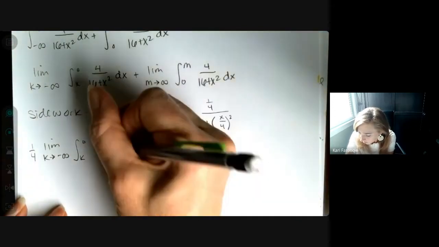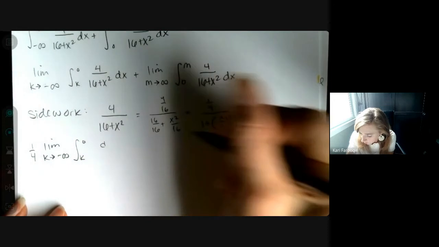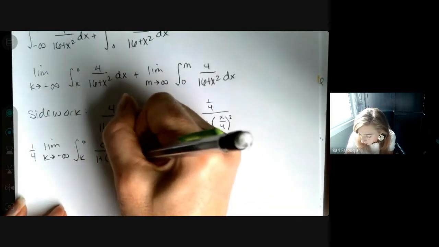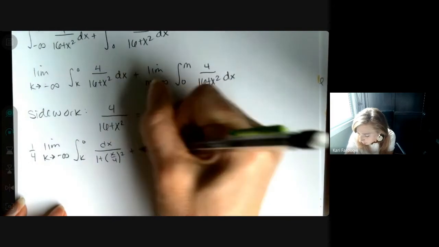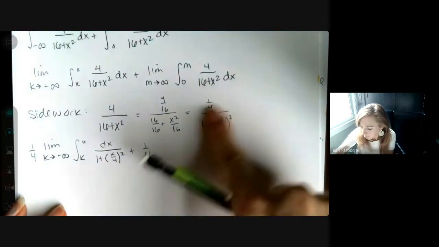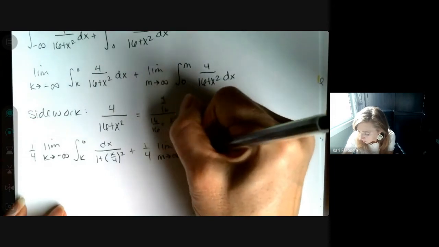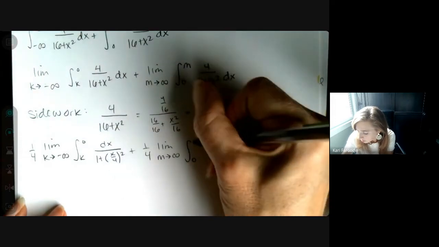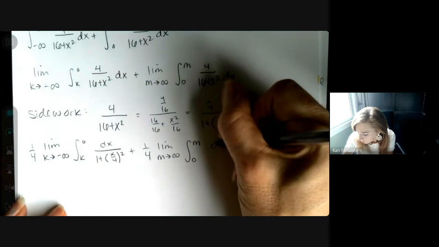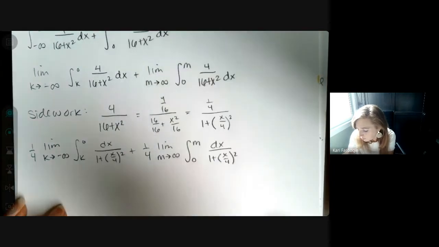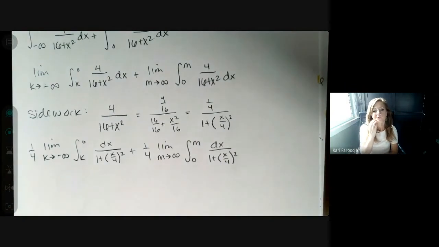It's going to be okay, you guys. We're going to say dx over 1 plus x over 4 quantity squared plus, and again, I'm taking my 1/4 and just putting it in front instead of putting it in the numerator. M goes to infinity, 0 to m of dx over 1 plus x over 4 quantity squared.